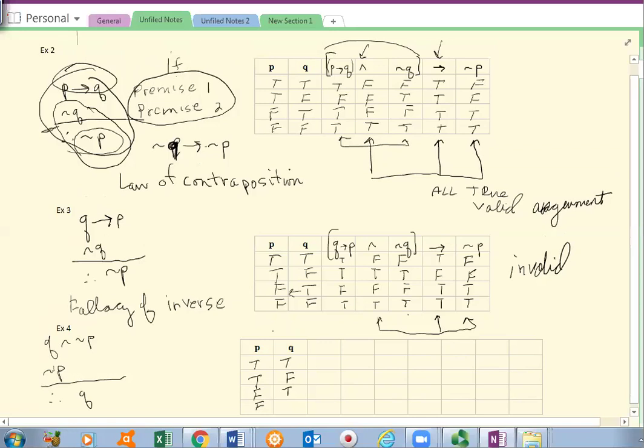I've got this thing in my way on my screen. You can't see it, but okay, Q and not P. I'm going to give myself a little more room on that just because I think I need it.